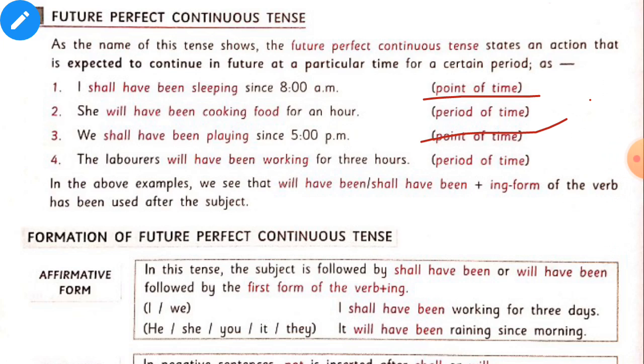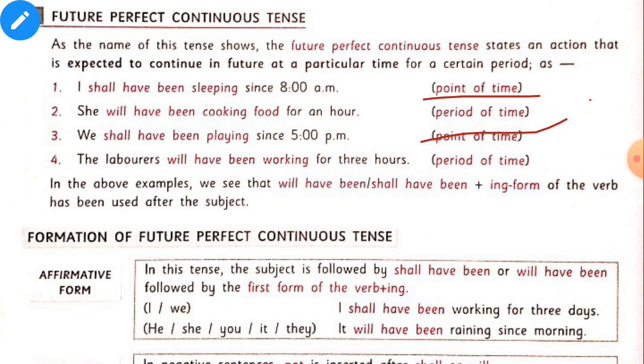With point of time, since is used, and with period of time, for is used. And in future perfect continuous tense, shall have been and will have been, and the ing form of the verb are used after the subject.